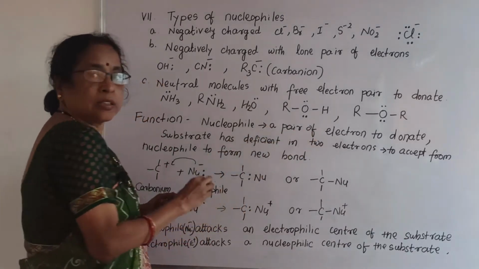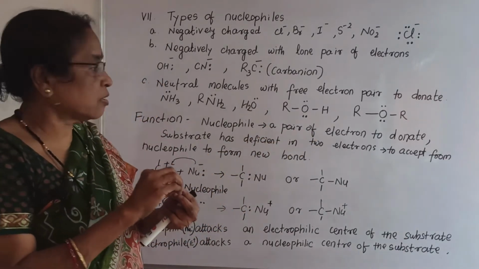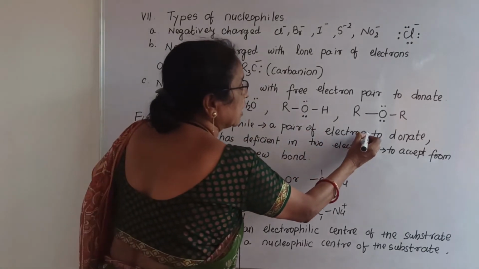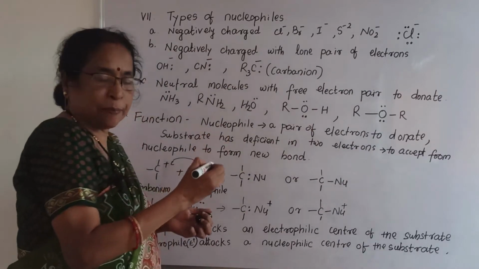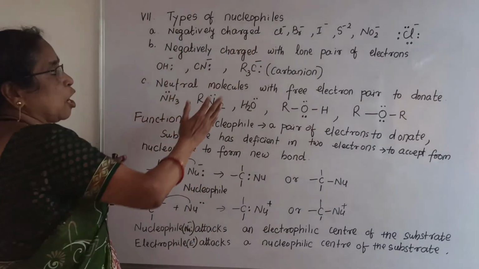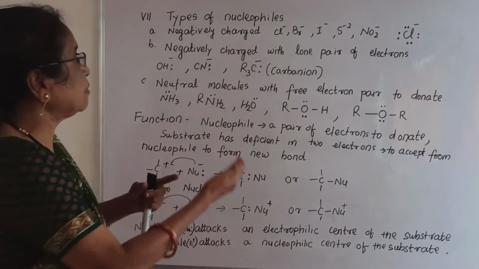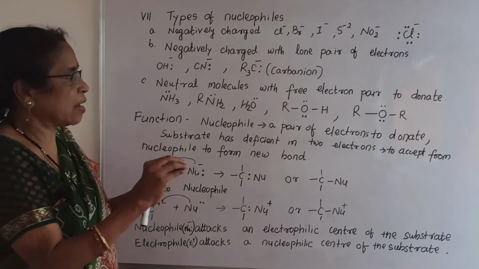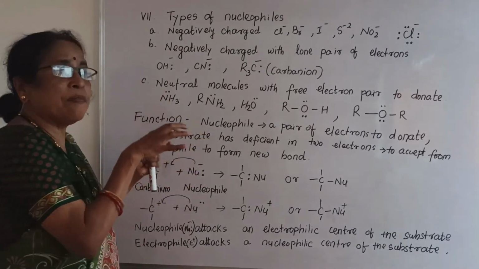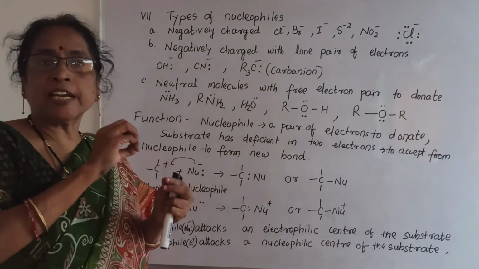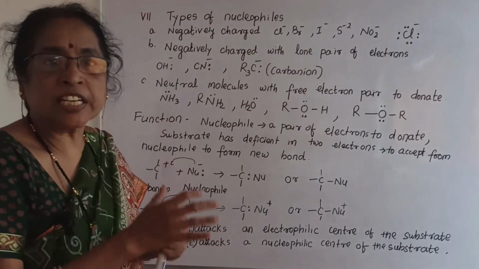A pair of electrons, or you can say a negative sign, which indirectly means it has a pair of electrons to donate: either negative charge, or negative charge with a pair of electrons, or a neutral molecule having a pair of electrons. All types of nucleophiles have a pair of electrons that can be donated to the substrate easily.